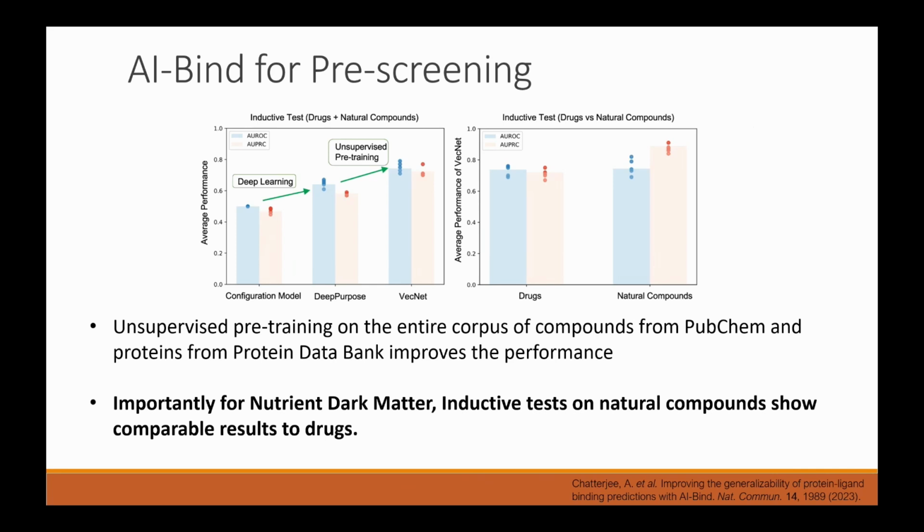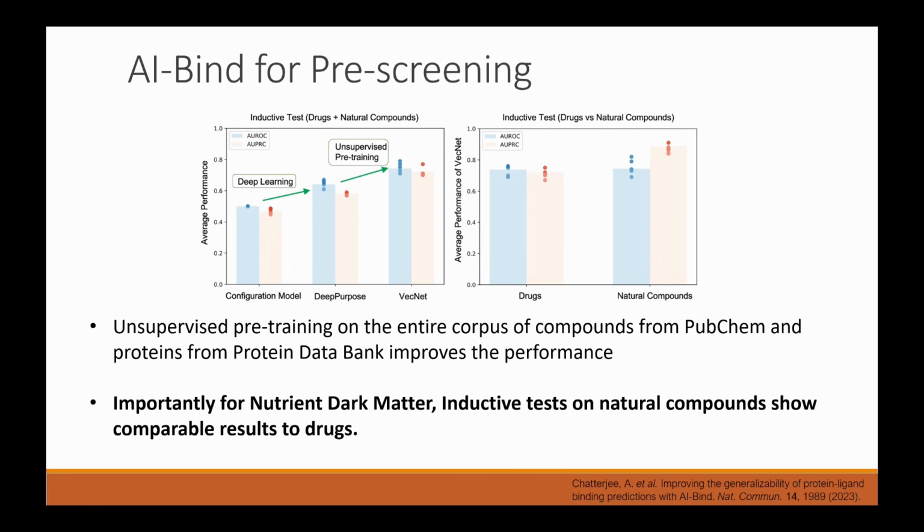And furthermore, if you increase the embedding space of not just the compounds that were within BindingDB, but also include the entire corpus of compounds within PubChem or proteins within Protein Data Bank, it can learn a much fuller representation of the chemical space and the protein space, which also boosts performance.